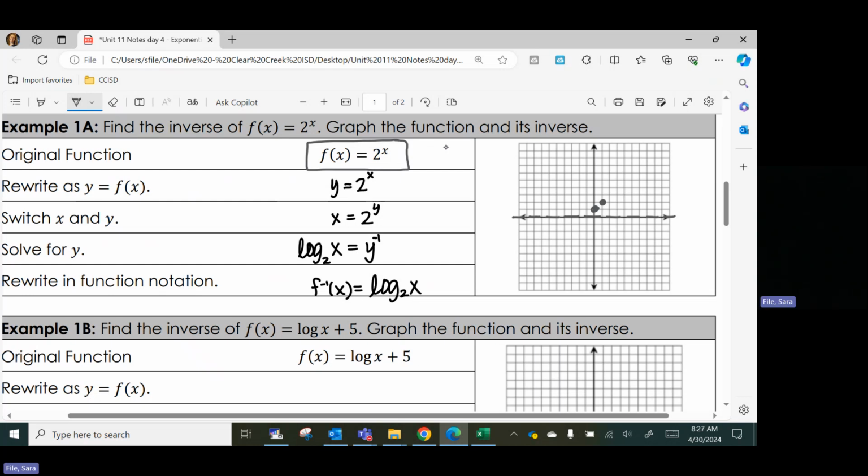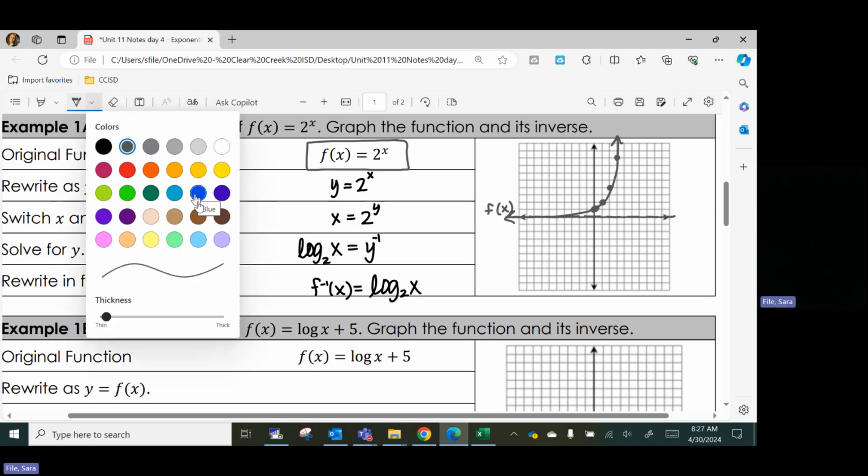So there's a point at 2, 4. If I input a 3, 2 cubed is 8. So there's a point at 3, 8. And that's plenty of points. And I'm going to use the asymptote to guide that end behavior and go through these points to sketch this curve. So that is the f of x that we started with.